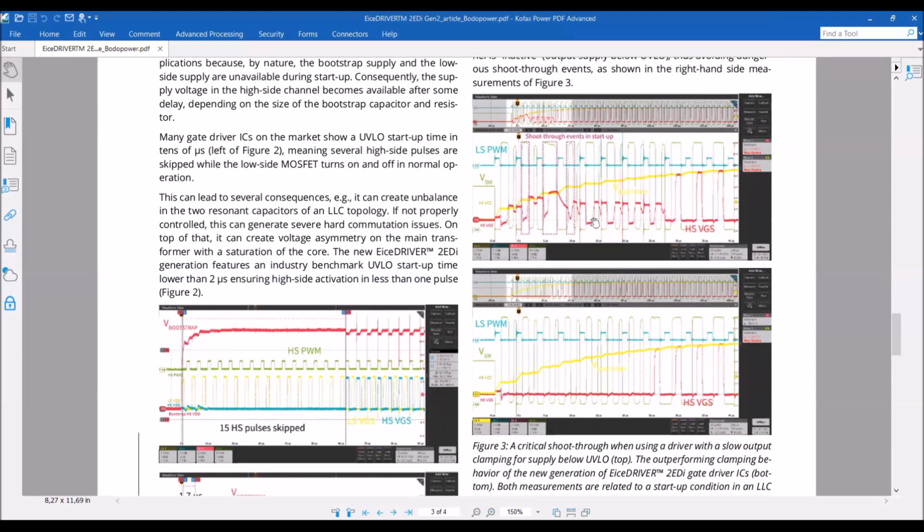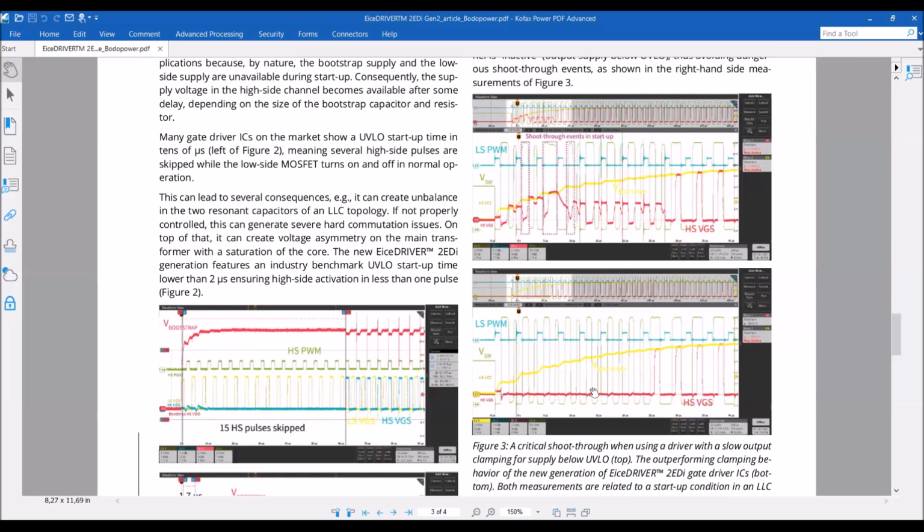Without active output clamping on the high side of the gate driver, if the driver is not yet supplied because the bootstrap voltage has not reached the under voltage lockout level, during all that time there is some voltage induced on the high side gate due to the Miller effect, and this could lead to turn on of the high side switch. This induced voltage should not be there because the high side driver is not properly supplied, since the bootstrap did not yet reach the level.